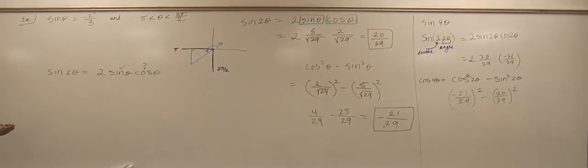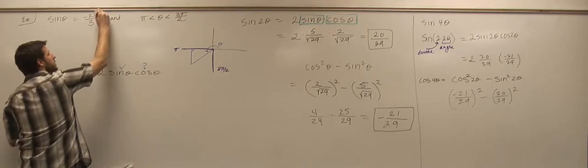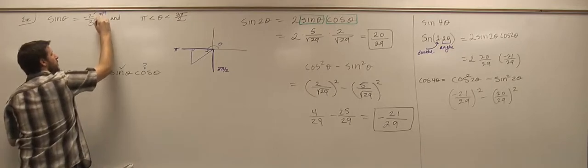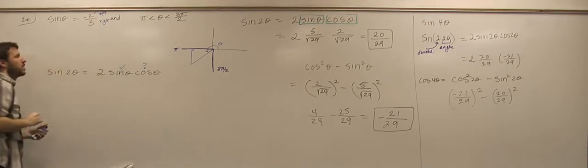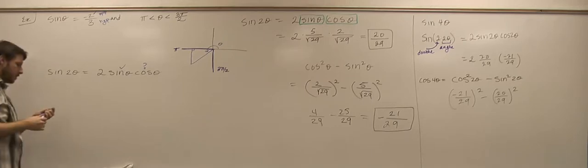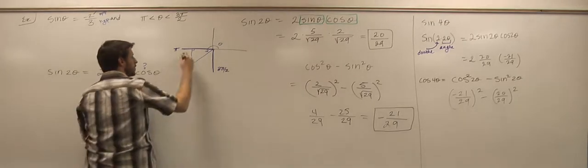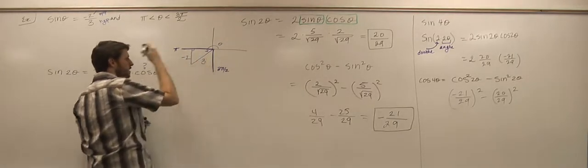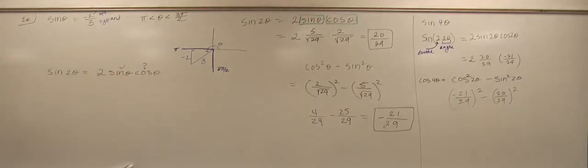And I can fill out the side lengths of the triangle because I know sine theta is negative 2 over 3. Opposite over hypotenuse. So here's negative 2. Here's 3. What's my adjacent side length?